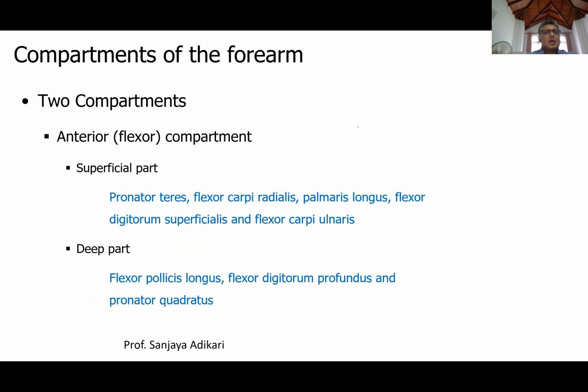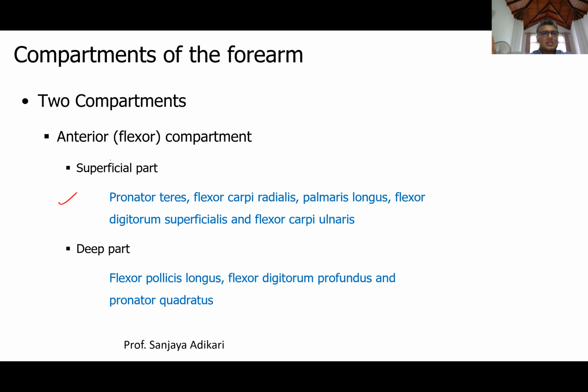Then the anterior compartment, if you take the superficial part, you get these muscles. This five-finger business you have learned in your undergraduate studies. From the thumb, you start with pronator teres. If you put the five fingers spread out on the cubital fossa, this is pronator teres. Then flexor carpi radialis, palmaris longus, flexor digitorum superficialis and flexor carpi ulnaris.